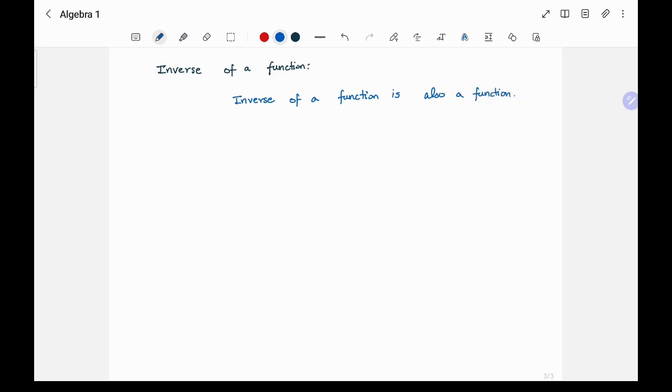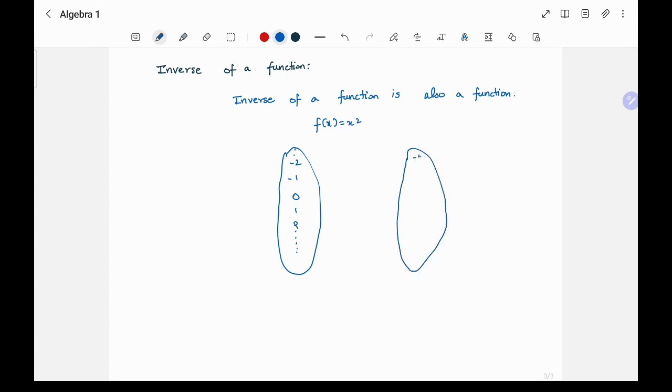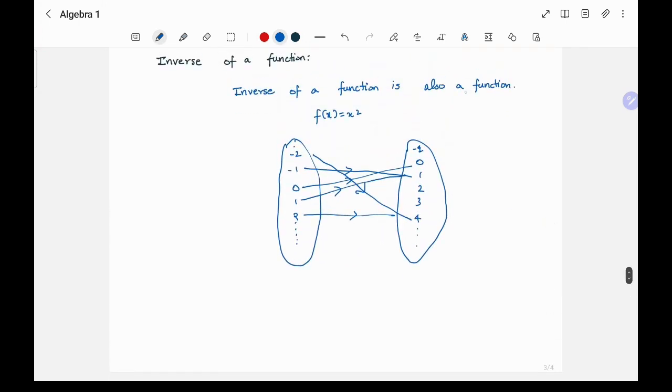If we have f of x equal to x square, we have minus 2, minus 1, 0, 1, 2 and so on, and on this side again minus 1, 0, 1, 2, 3, 4 and so on. So 0 maps to 0, minus 1 to 1, minus 2 to 4, 1 to 1, 2 to 4 and so on, right? We are saying the inverse of a function is also a function, right?